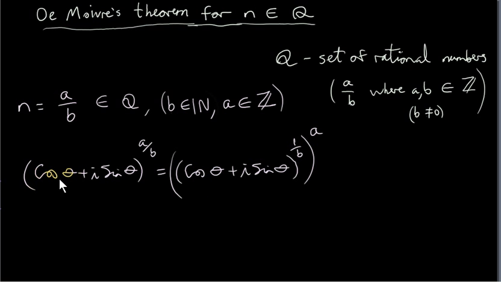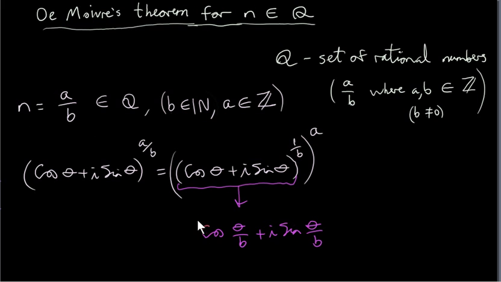So now let's look at (cos θ + i sin θ) to the power of a/b. Well, we can write it like this: (cos θ + i sin θ) to the power of 1/b, all to the power of a. If we multiply these powers, we get back a/b. But we've already proven that (cos θ + i sin θ) to the power of 1/b, where b is a natural number, is cos(θ/b) + i sin(θ/b).